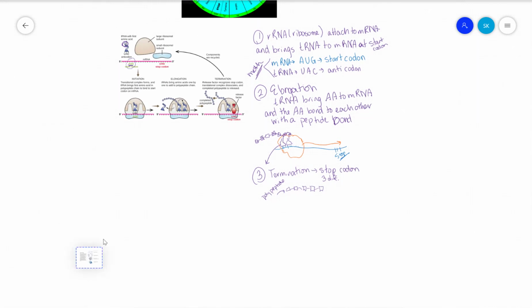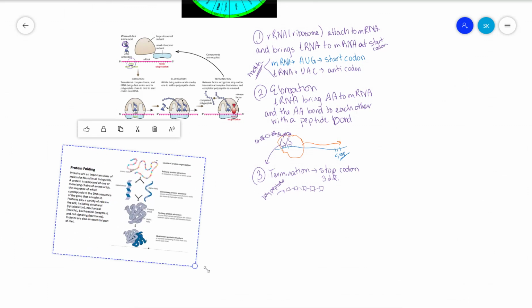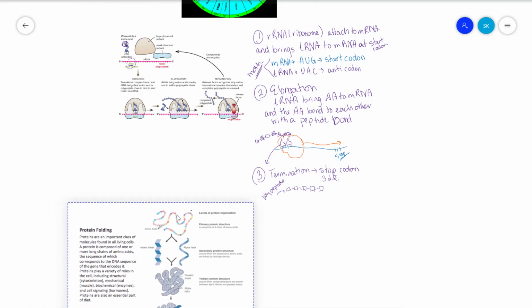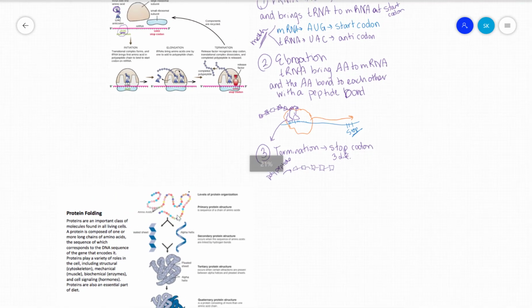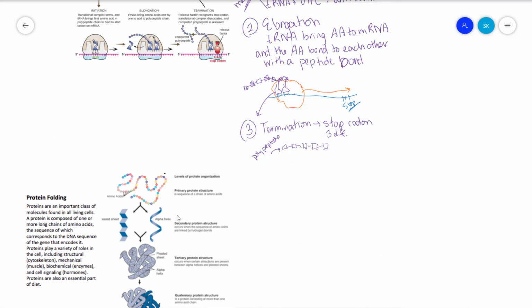Then we have to turn this protein into something we can use. So that is where protein formation comes in, protein folding. Each amino acid has a specific chemical compound. So what we have created here, let me just make this a little bigger, is a primary protein structure.